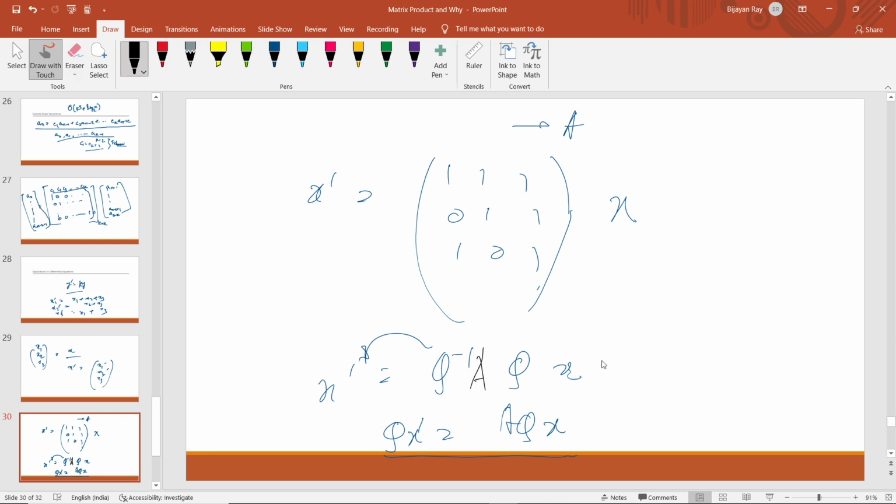Once this is a diagonal matrix, Q inverse AQ, this is the diagonal matrix, so this basically reduces to D x. And now if we define Qx equal to y, Q is constant coefficient, right?